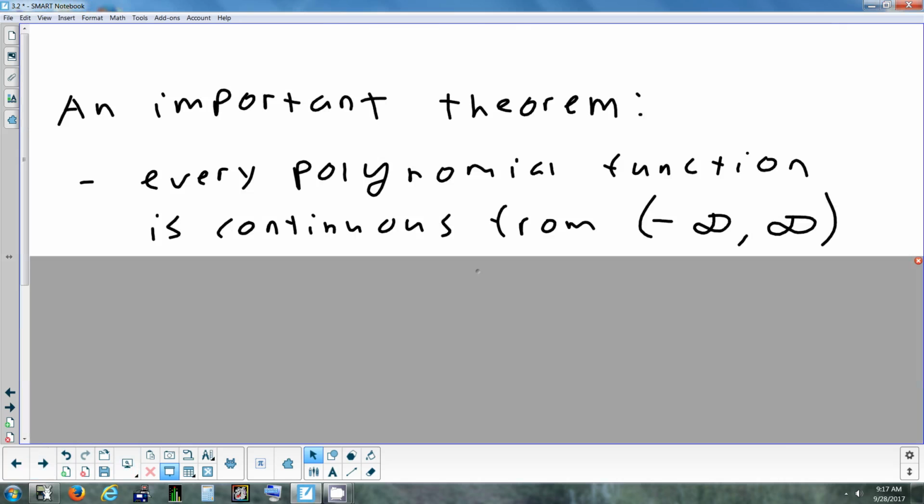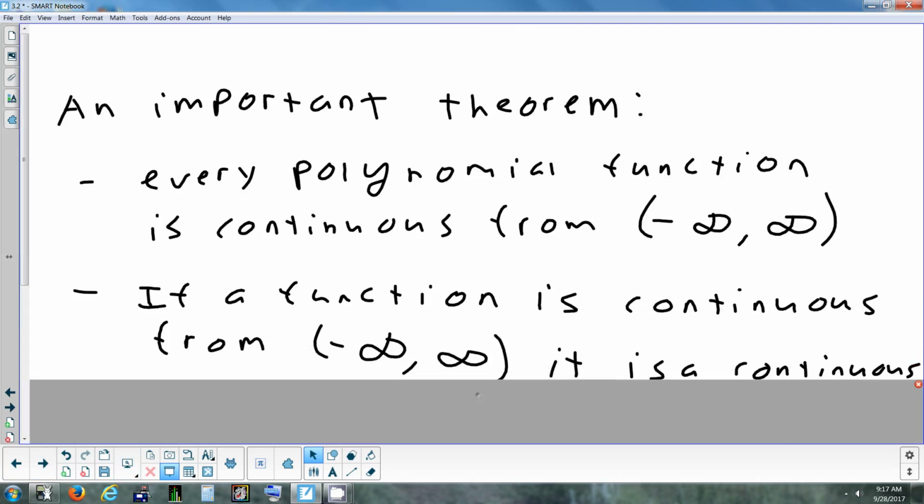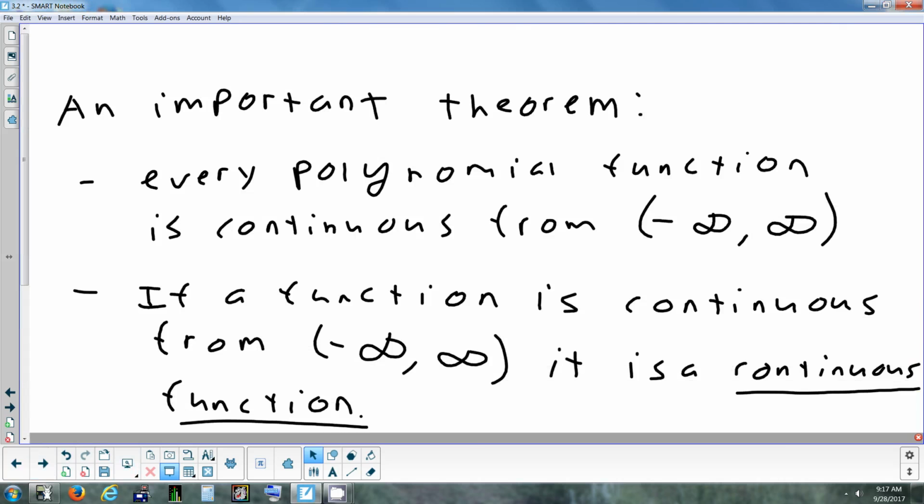So if you're graphing a function that is discontinuous, I guarantee you it's not a polynomial. And if a function is always continuous, not just continuous over a small interval, but it's continuous on any interval that you could possibly name, then we call it a continuous function.